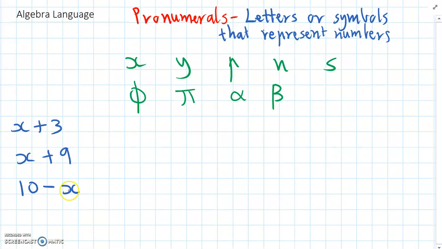So whatever value the pronumeral has, which is x here, we can put it into a number sentence or an expression, and we can figure out the answer if we know the value of x. But at the moment, the value is unknown. And that's one of the hardest things about algebra. If we don't know the value of the pronumeral, we just leave it as the letter on its own.